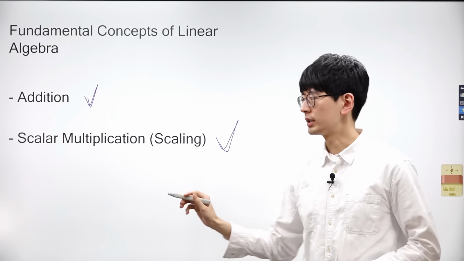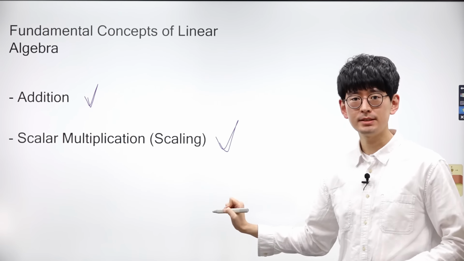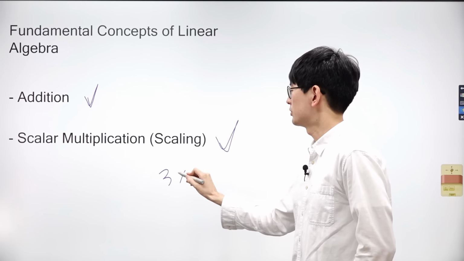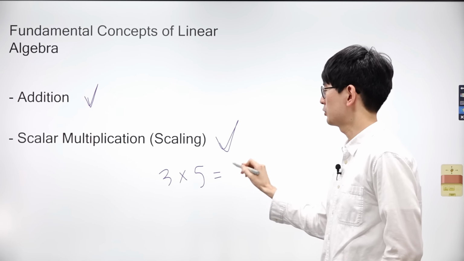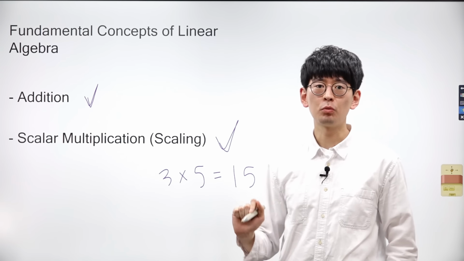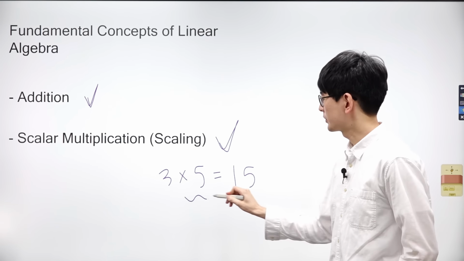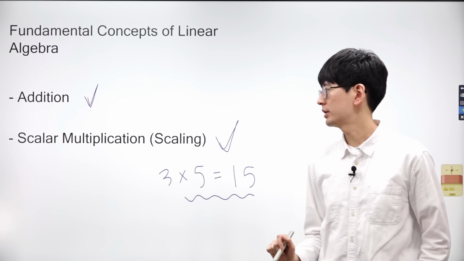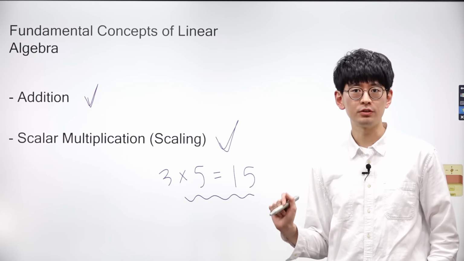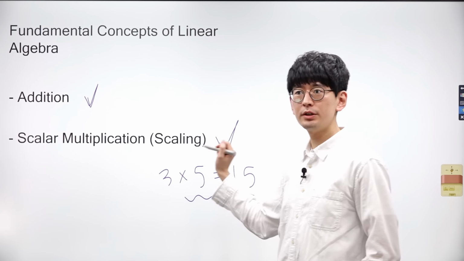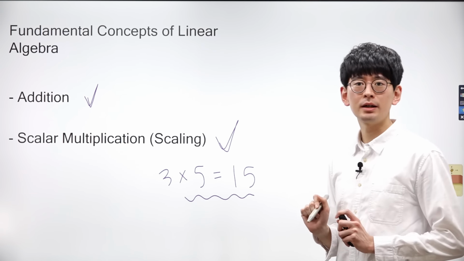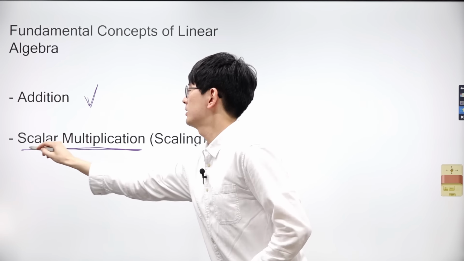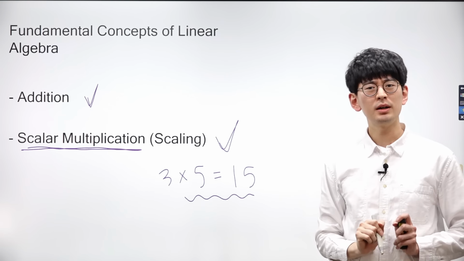Scaling, or scalar multiplication, is similar to multiplication, but it also includes different elements. Scaling is similar to simple multiplication using natural numbers we learned in elementary school, and that's why we call it scalar multiplication. You might feel unfamiliar with the terms, but it's crucial to understand that multiplication here differs from the general concepts of multiplication.